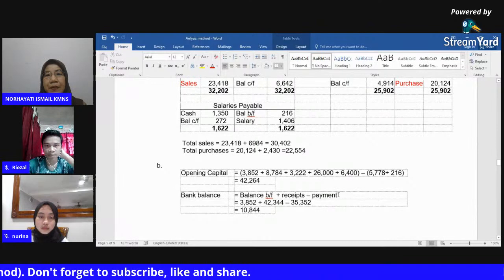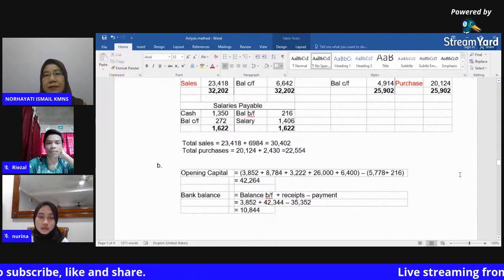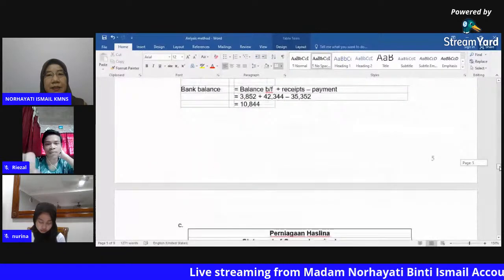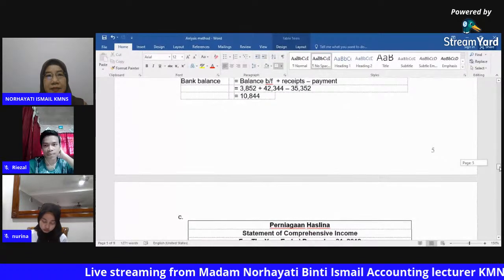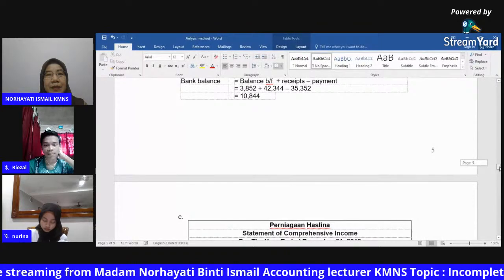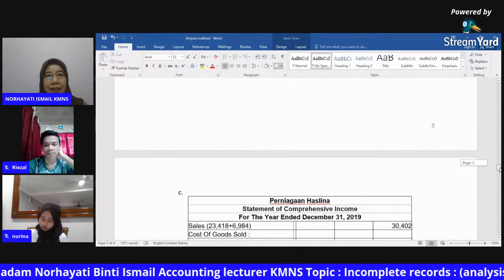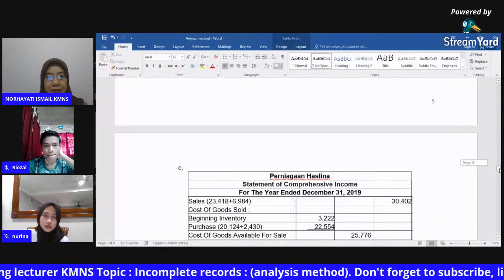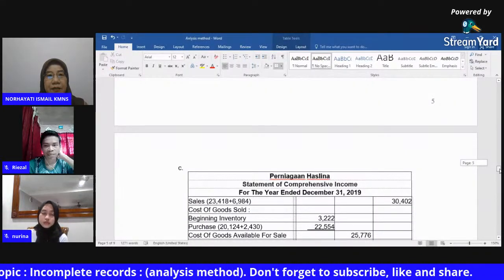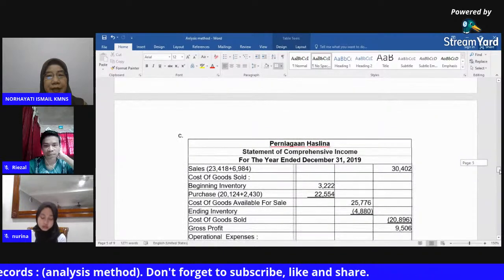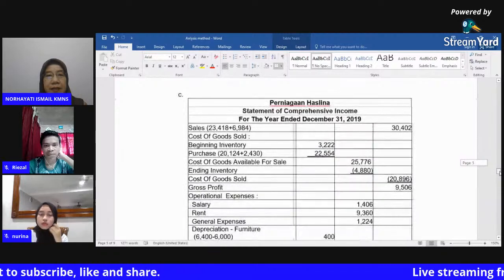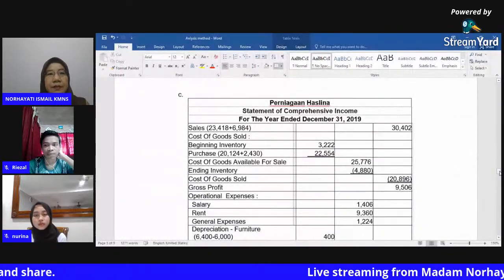So we have finished all the analysis for account receivable, account payable, and expenses, and we have prepared the opening capital. Now we can prepare the financial statement. We start with the statement of comprehensive income. So this is the statement.